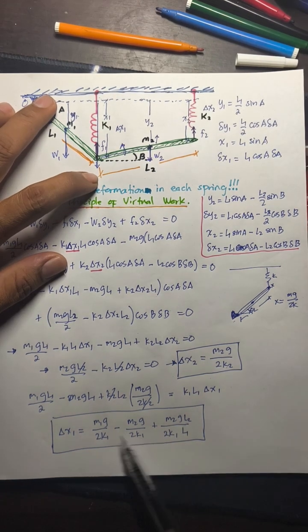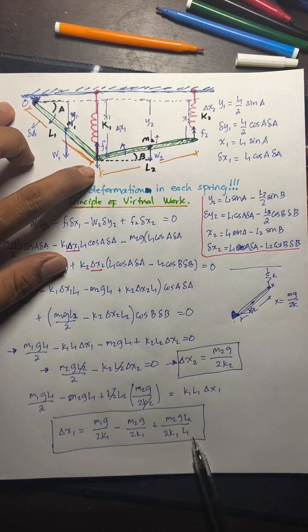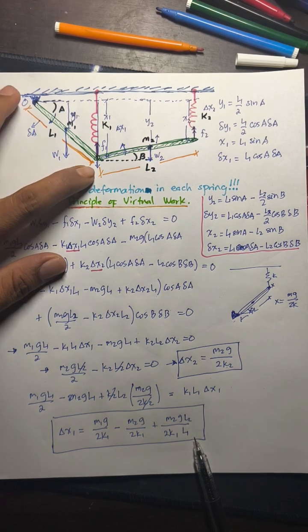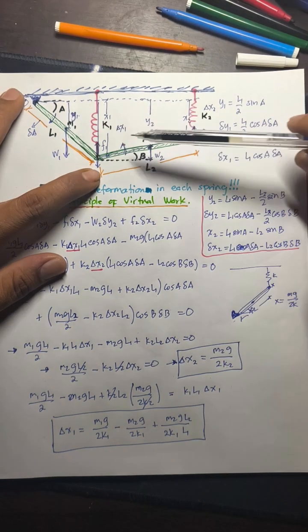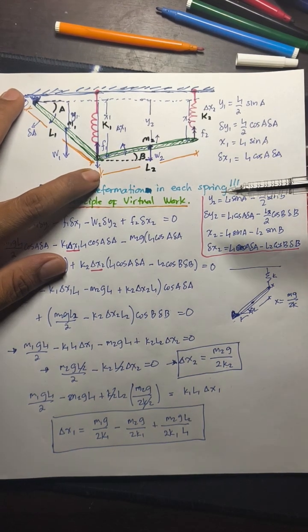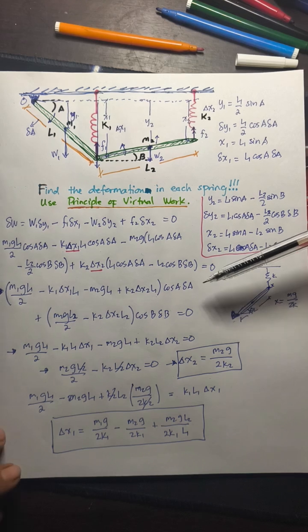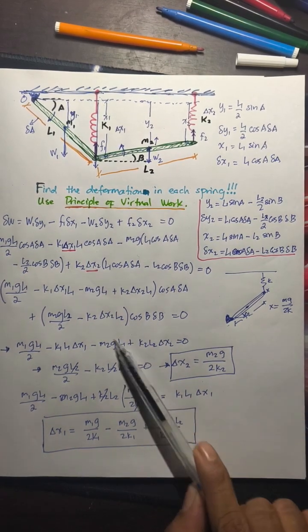It's actually even dependent on the lengths L2 and L1. Why is that? Well, it might be because it depends on the ratio of L2 and L1.